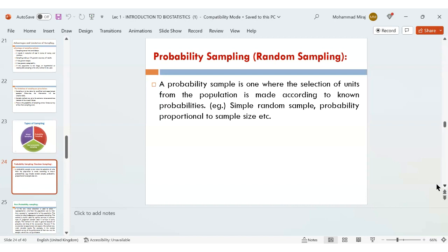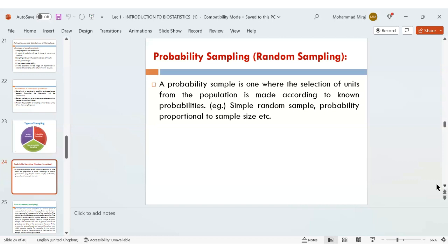That means wherever you are collecting the rice, it should be the same rice that you see on the top, and again at the bottom. So when you collect it from any part, that is known as random sampling. A probability sample is one where the selection of the units from a population is made according to known probabilities.